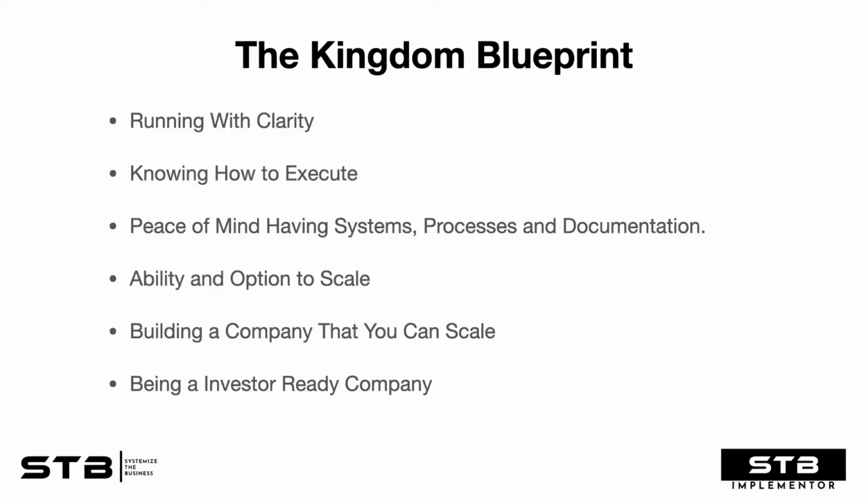Essentially the kingdom's blueprint is running with clarity, everyone knowing how to execute, and the peace of mind of having system processes, and being able to look at documentation in written form and also in video form. And then the ability and option to scale. If you want to stay smaller, then your systems will have to be that much more efficient. Building a company that can scale, and being investor ready as well.